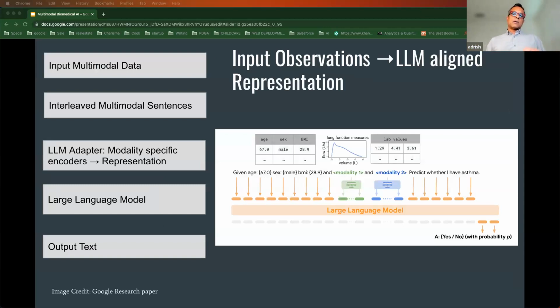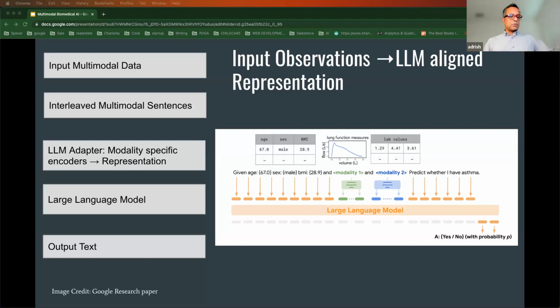The idea of multimodal AI currently is to train encoders that convert a variety of inputs into the same space as the natural word token embeddings. From here, you can see that there's structured data like age, sex, BMI, the lab values. What the first step is doing is converting this data into a sentence, so that it could fit into natural language.